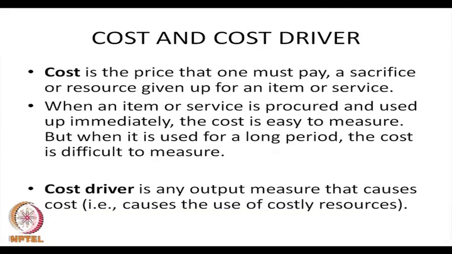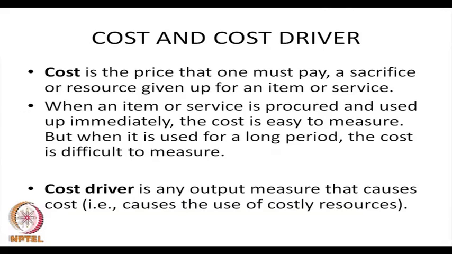And one will see that when an item or a service is procured and used up immediately, the cost of this item or service is very easy to define and measure. But when this particular item is procured, kept for a while and then used up later, it is difficult to define and measure.